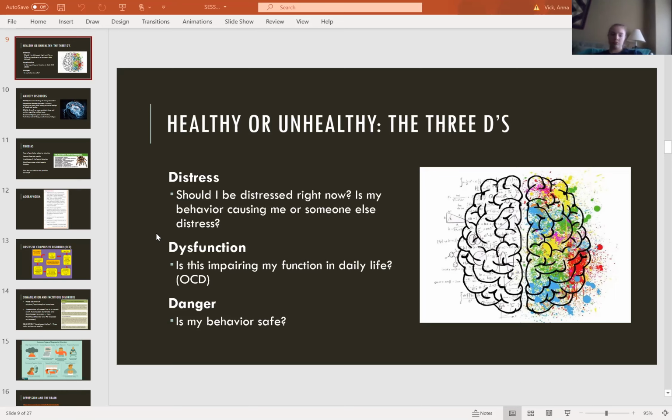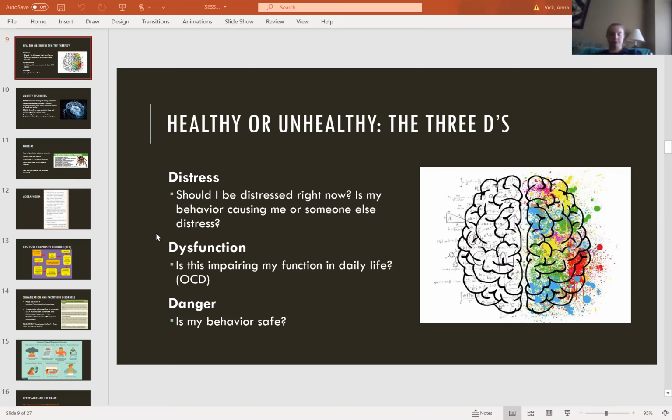And the person could ask, is my behavior causing me or someone else distress? So is my use of alcohol on this regular basis causing me to say things I don't mean, or to fall down a couple stairs and get hurt? Or is there something that is harming myself or someone else? And obviously, that's not the only deciding factor for whether something is healthy, but it is one. So it's good to consider that.